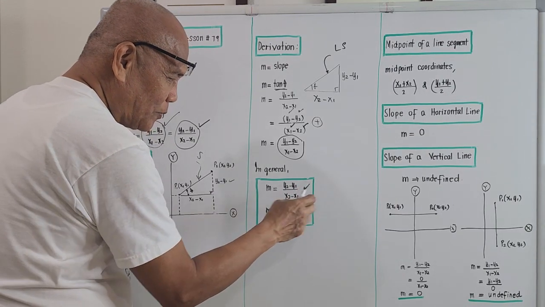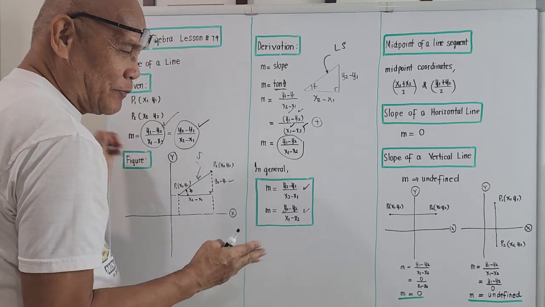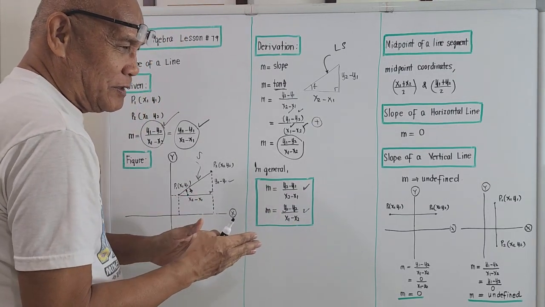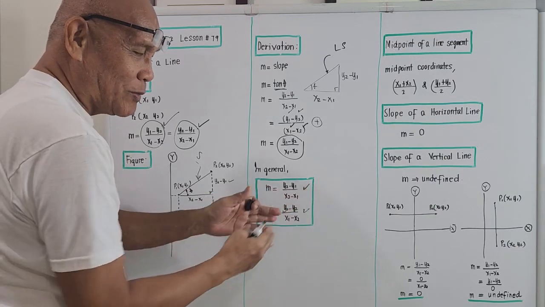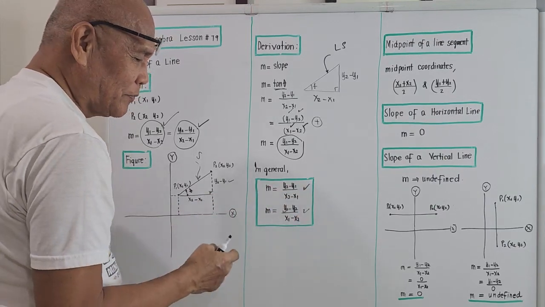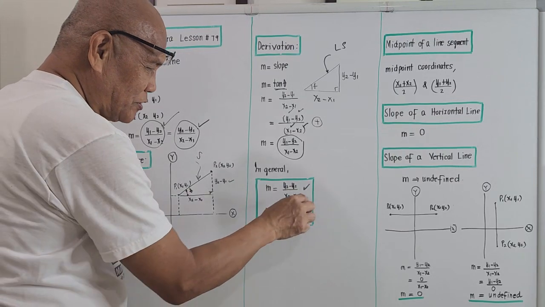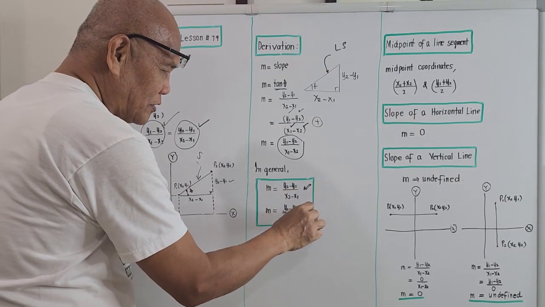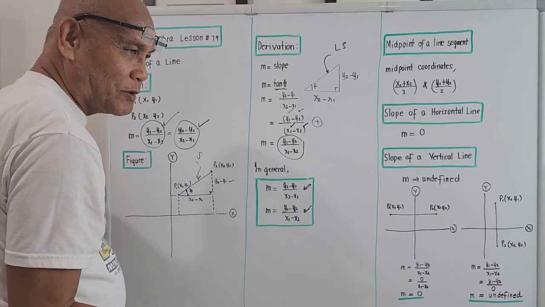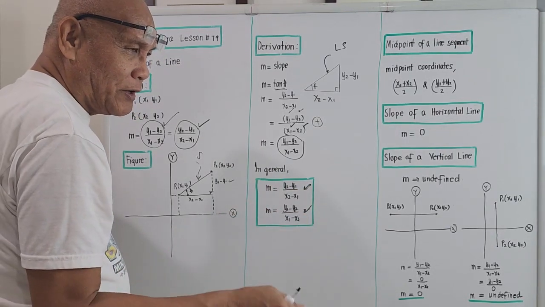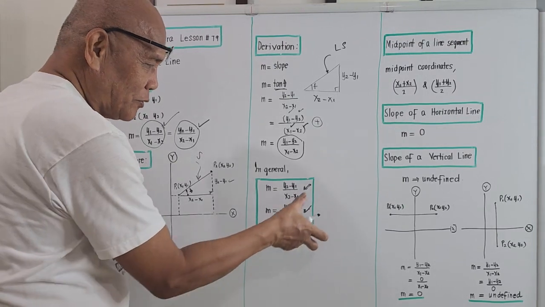So there are two formulas. The difference is that we write the first one ahead of the other one. We could interchange it. Okay, so this is the first formula and this is the second formula. So in general, under the study of analytic geometry, the formula on how to compute for the slope will be these equations here.